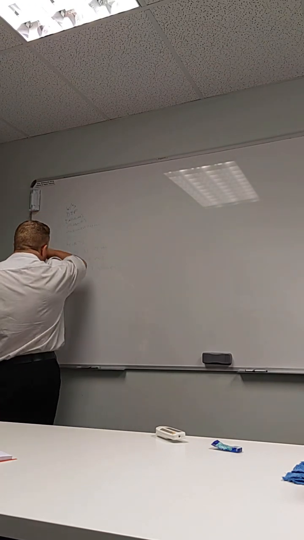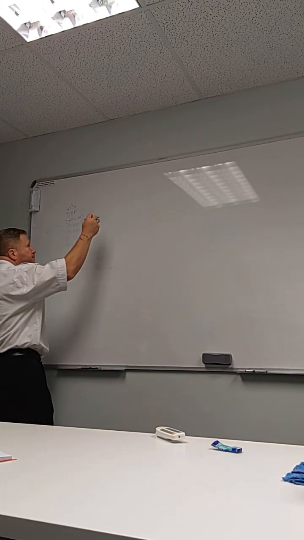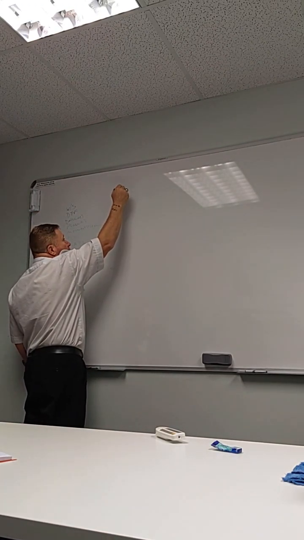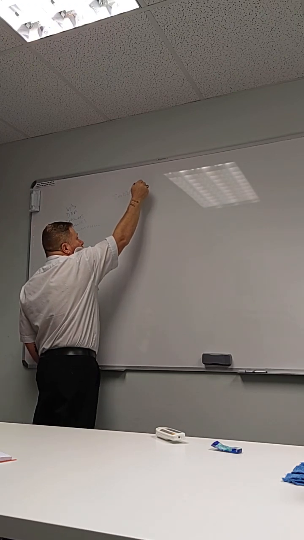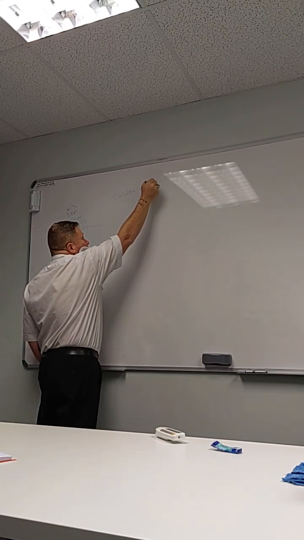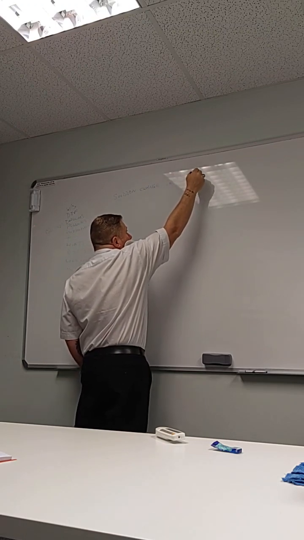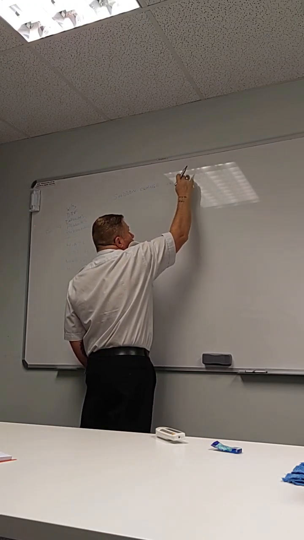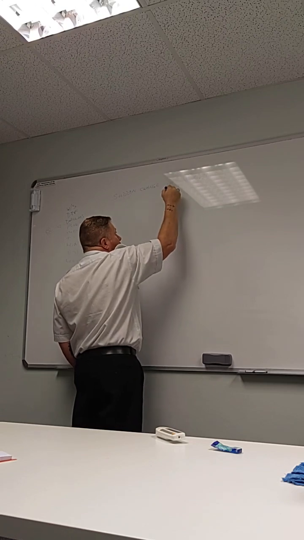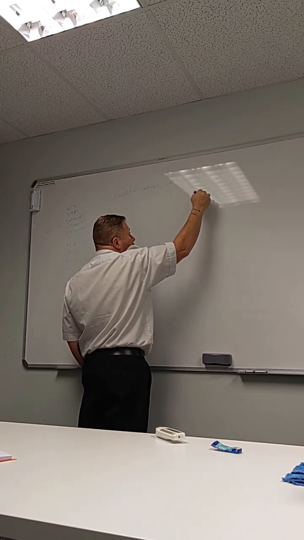So the first thing is the definition of Windshear. It is a sudden or abrupt change in wind speed and or direction.